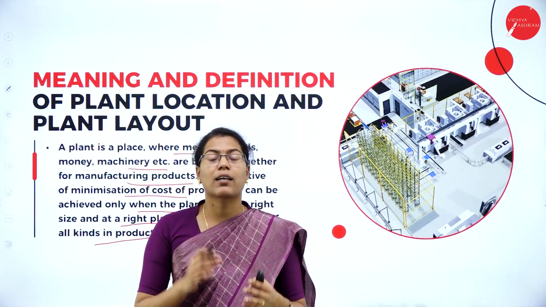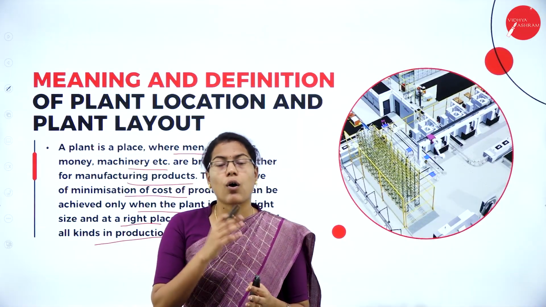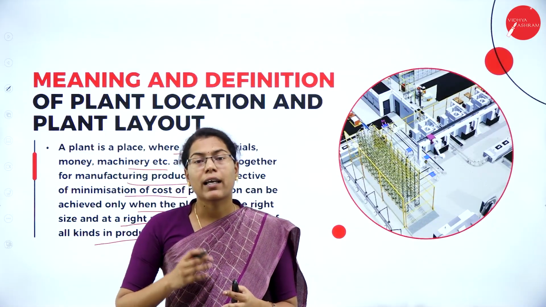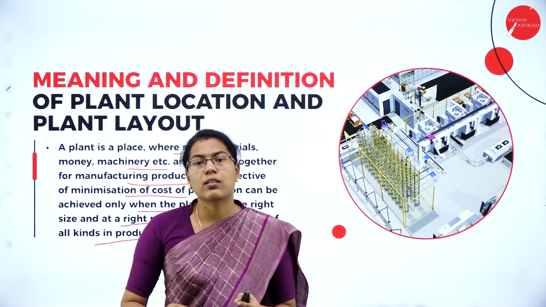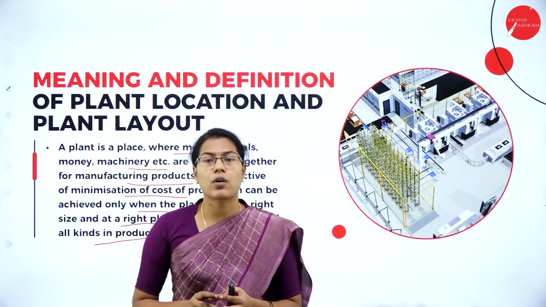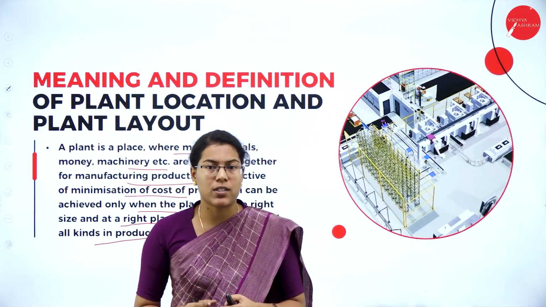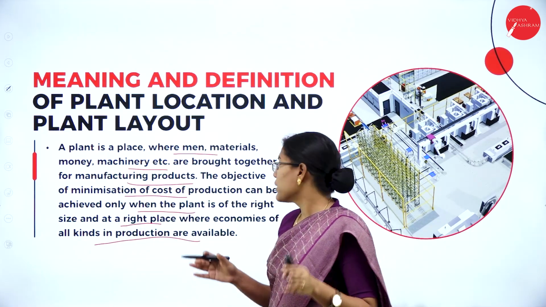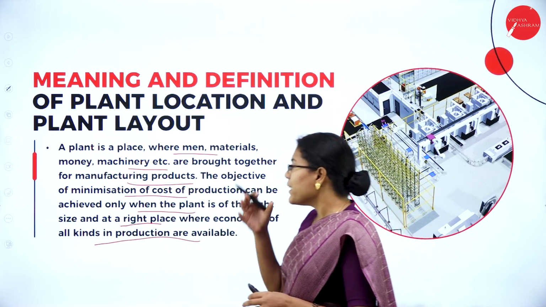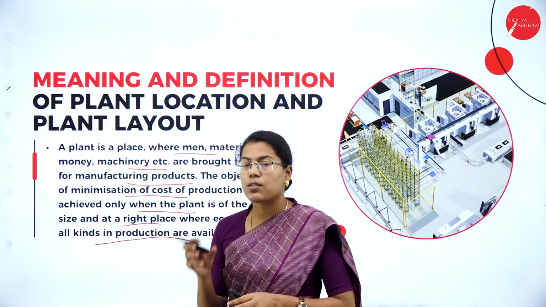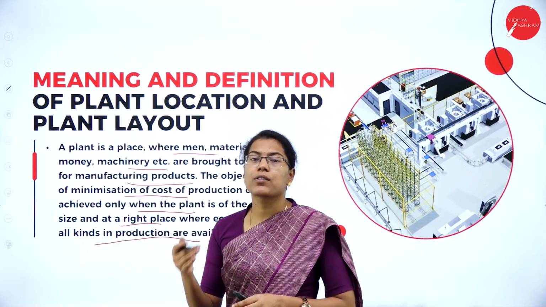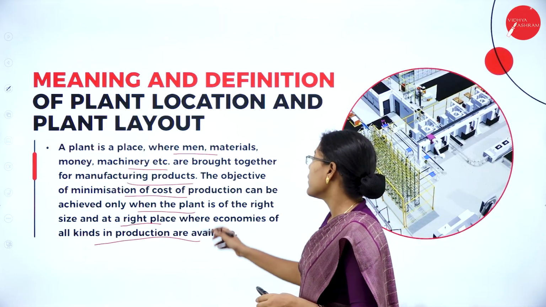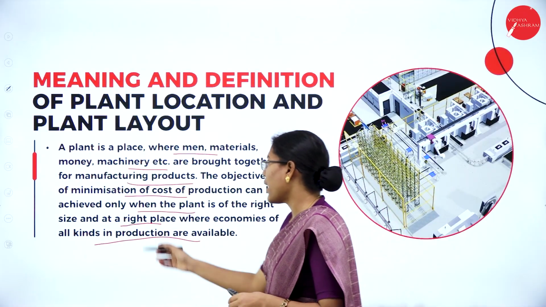Production involves the conversion of raw materials, or all the inputs like men, material or other labor, etc., that are put together in a conversion process to produce the outputs, that are finished goods which are supposed to go to market. The main objective of integrating all kinds of resources or inputs is to reduce the cost of production, which can be achieved only when the plant is of the right size and at a right place.